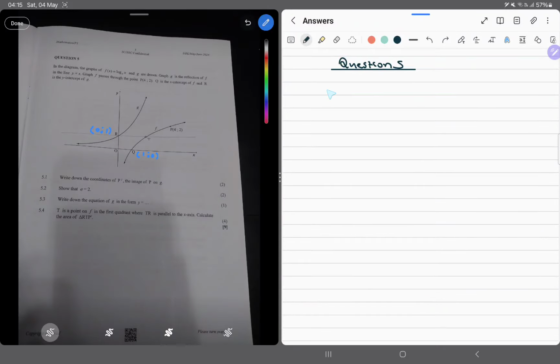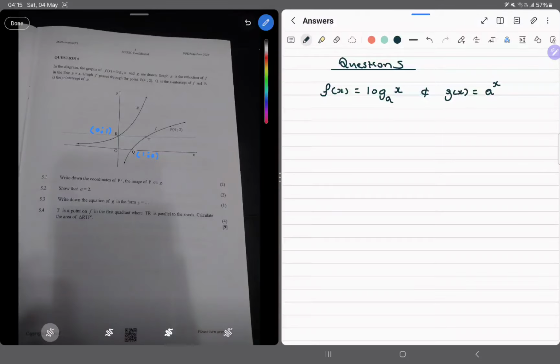Okay, maybe let's label our graphs. f of x is equal to the log of x to the base a, and then we've got g of x, which we can see it's an inverse of this. So an inverse is going to be a to the exponent x. Okay, great.